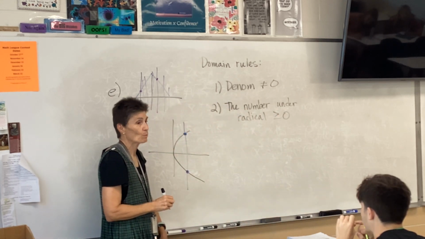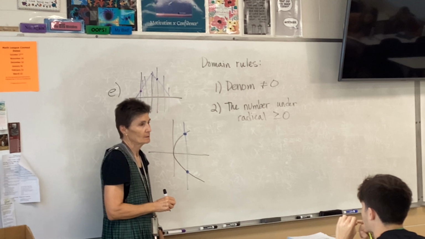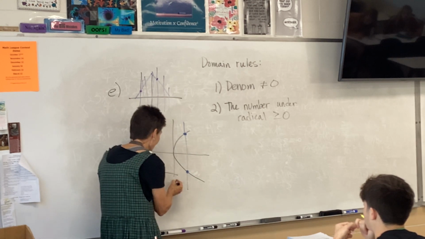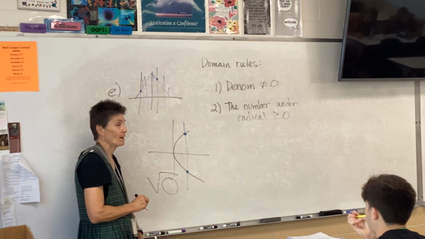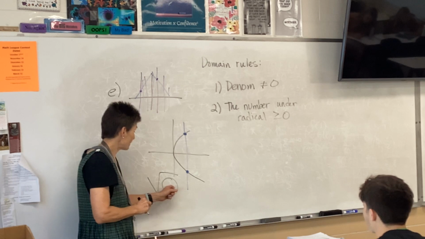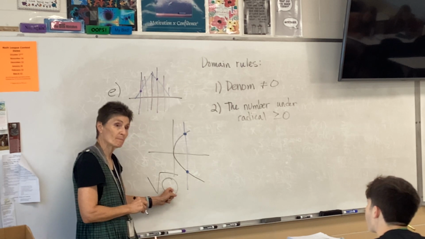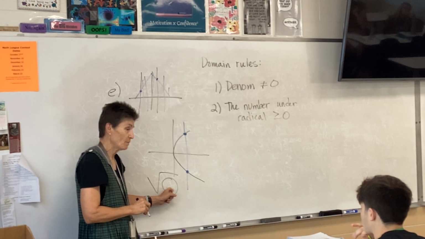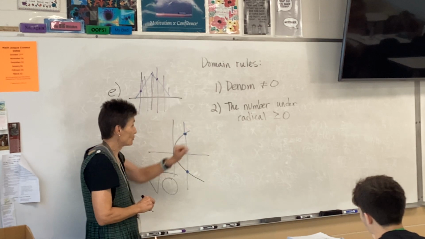So if you have a radical in your problem, whatever is inside that radical has to be a positive quantity. If that's negative, then we end up being imaginary, right? The whole i thing, we do not want that. So these are the domain rules.